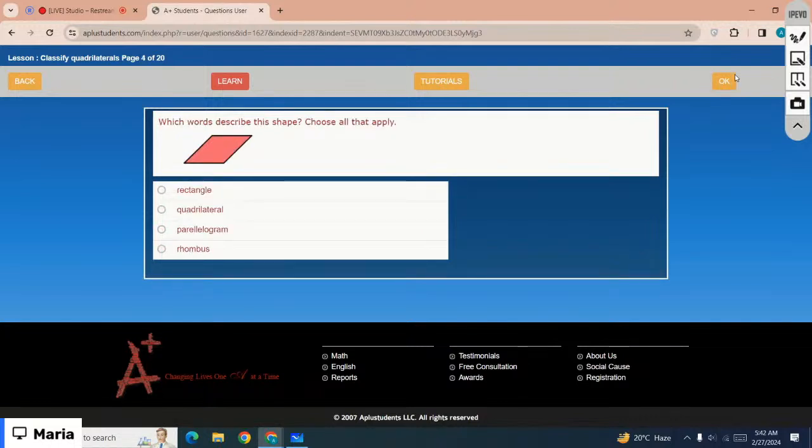Which words describe the shape: rectangle, quadrilateral, parallelogram, rhombus? Which is the correct option?